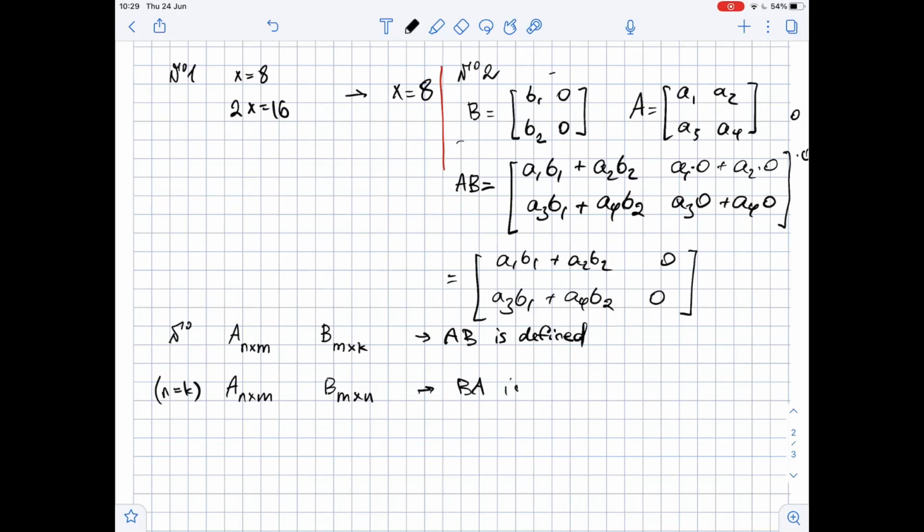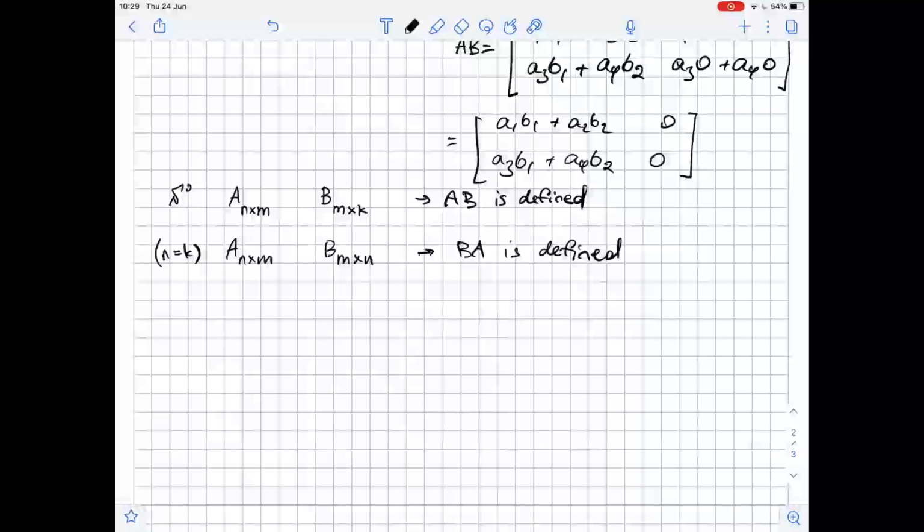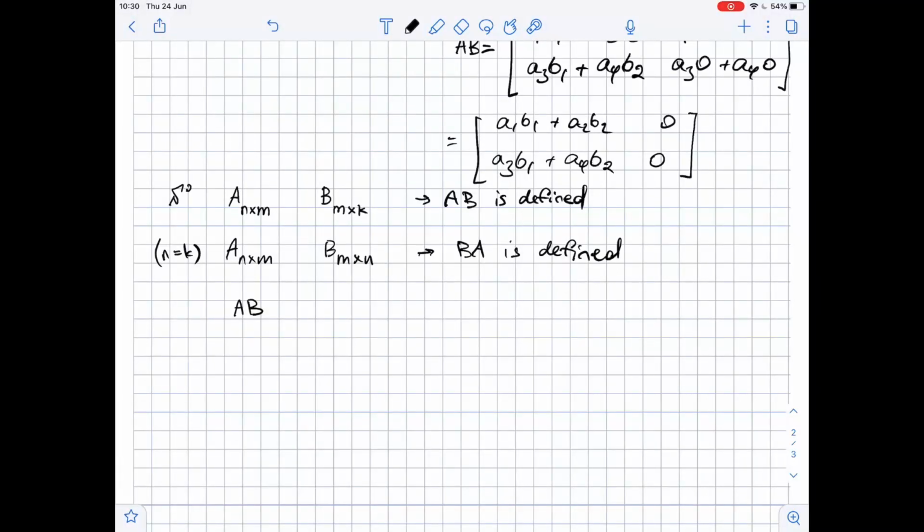But now in order to find the sum of AB and BA, they need to be of the same order. So when you find matrix AB, if A is n by m and B is m by n, the order of the product will be the number of rows of the first matrix by the number of columns of the second matrix.